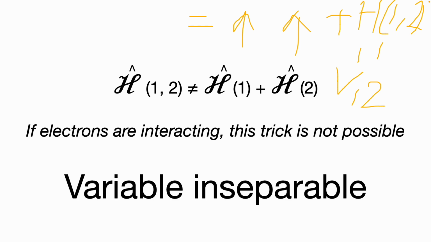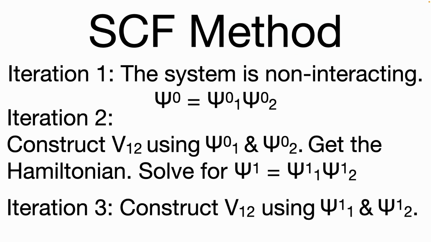Now, the question arises, how do we go about finding the eigenfunctions for an interacting Hamiltonian? So what we follow is the SCF method, which is the self-consistent field method.